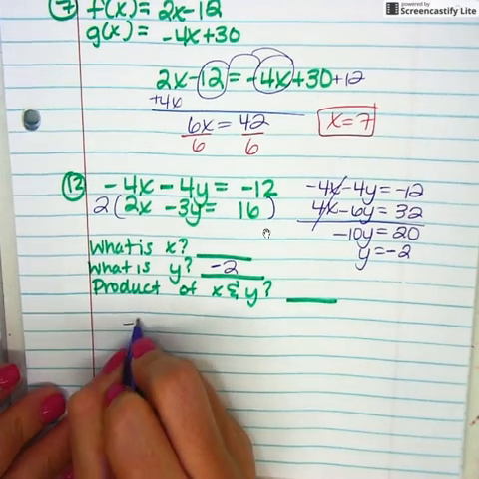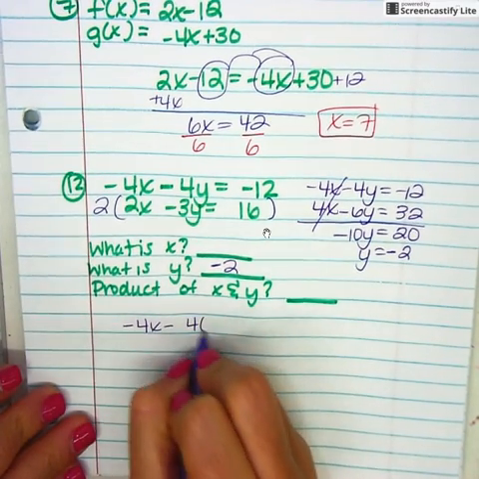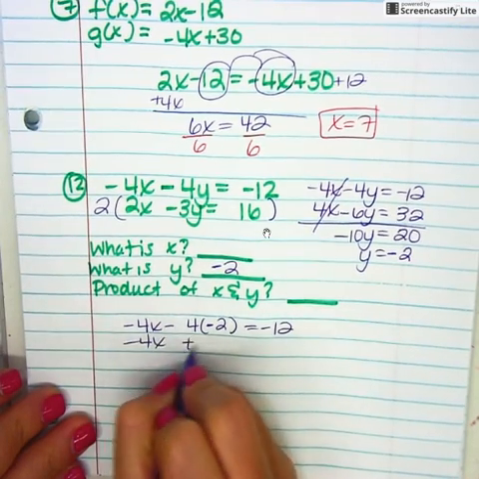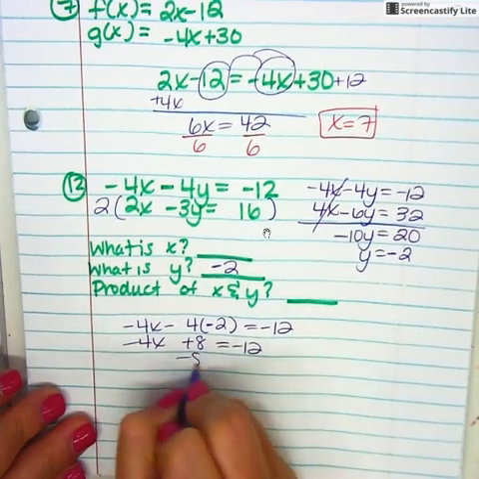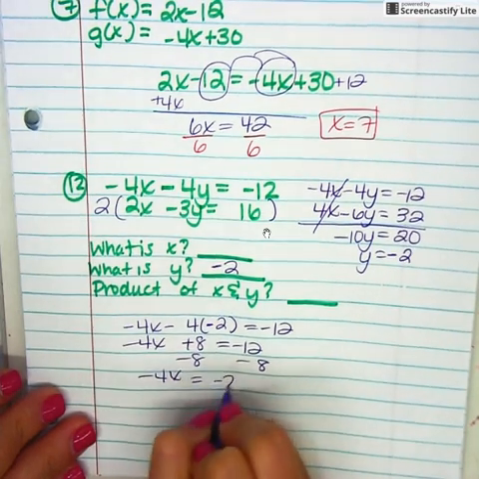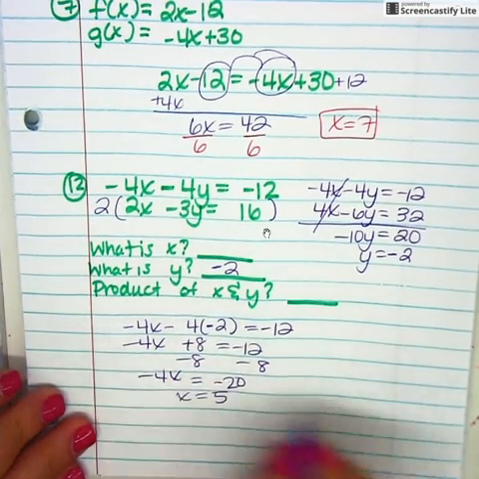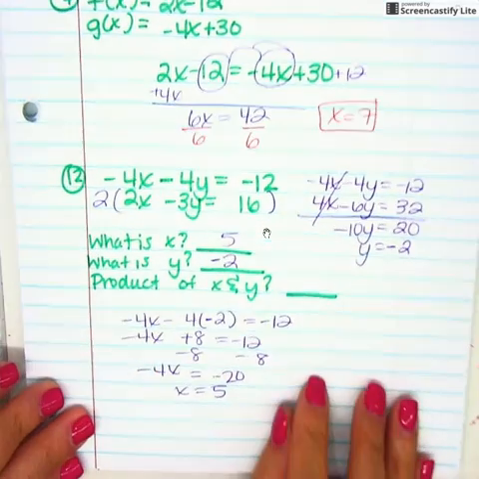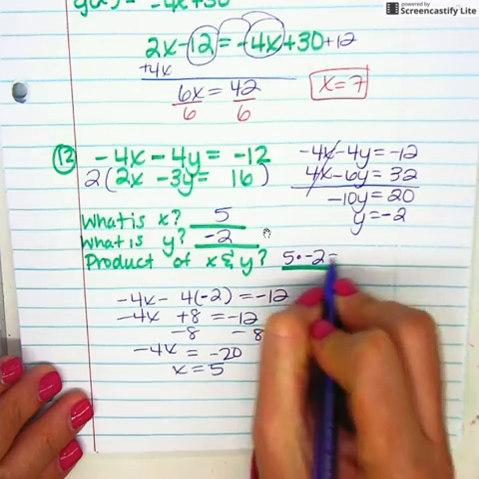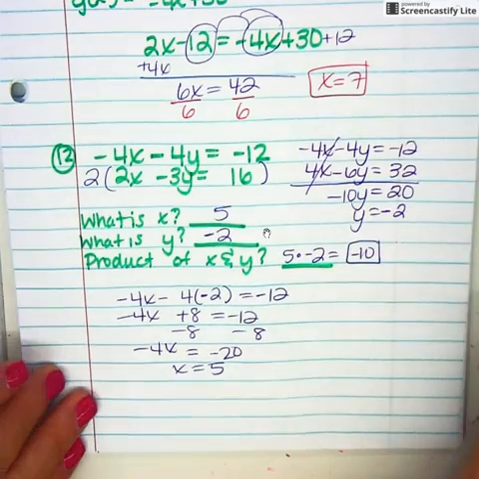So negative 4x minus 4 times negative 2 equals negative 12. So x is going to be positive 5. And then for the product question, it would just be 5 times negative 2, which is negative 10.